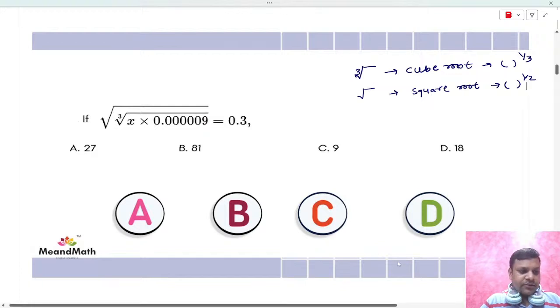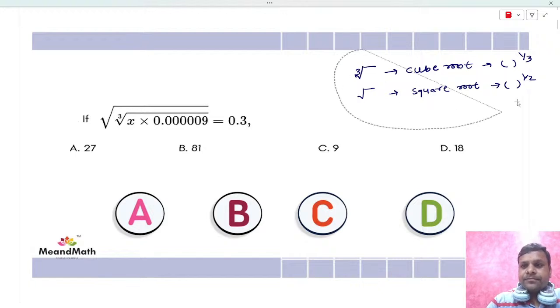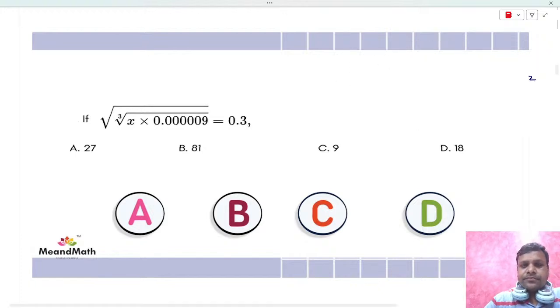Let's start solving. I think this is done from your side. Okay, so look here.